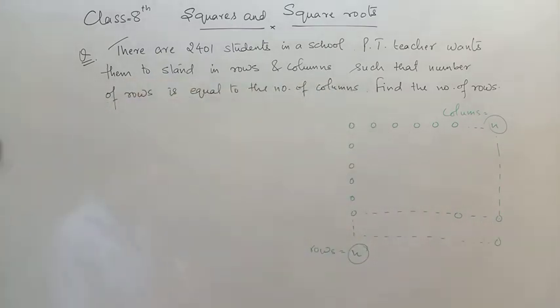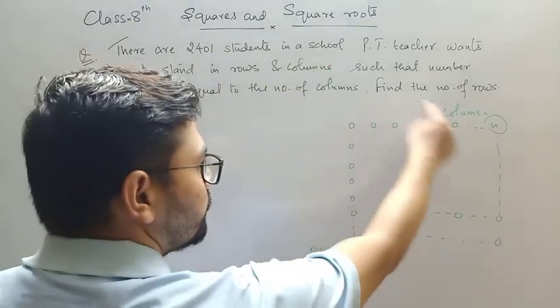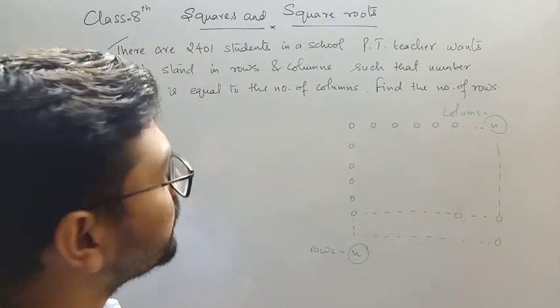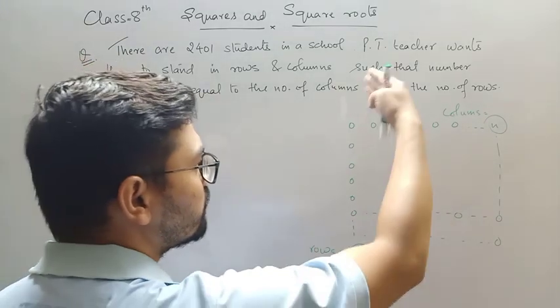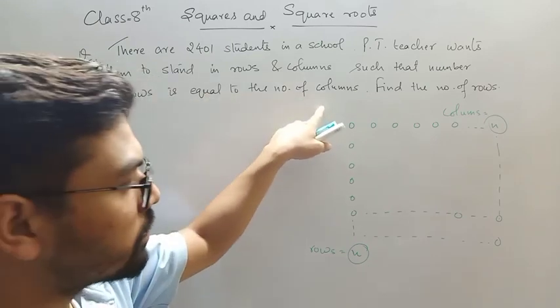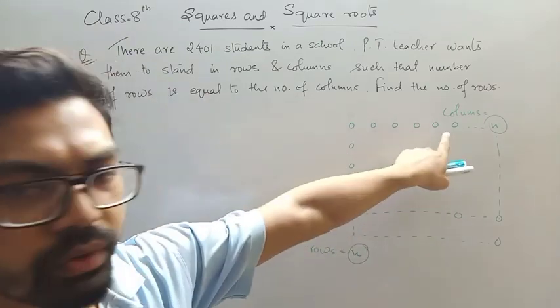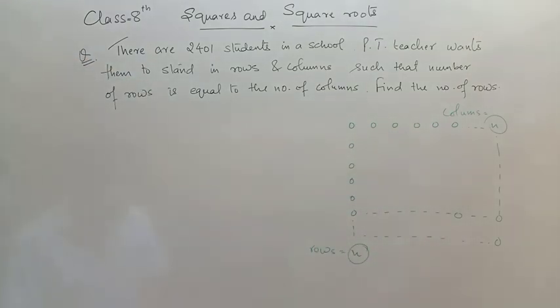Okay, students. There are 2401 students in a school. The PT teacher wants them to stand in rows and columns. So these are the rows and these are the columns, such that the number of rows is equal to the number of columns. So the number of rows is equal to the number of columns. Let's say n into n, that is n square.